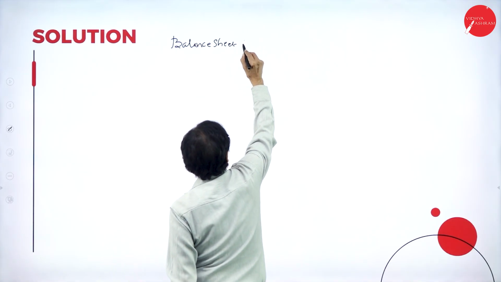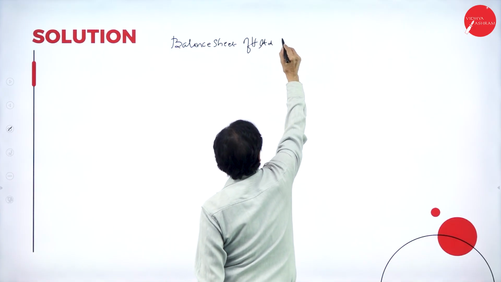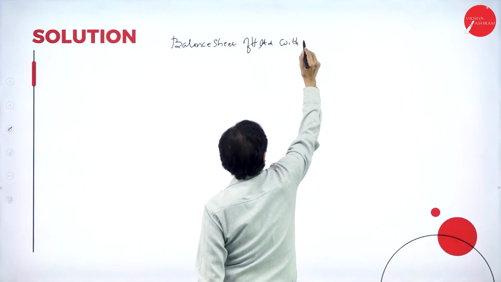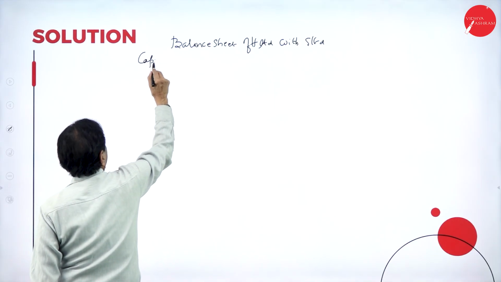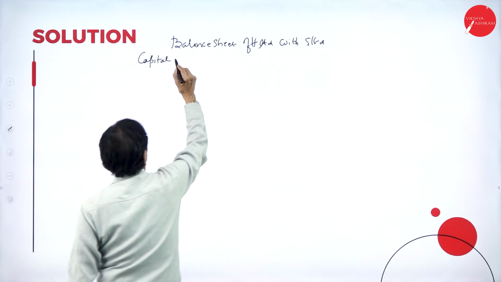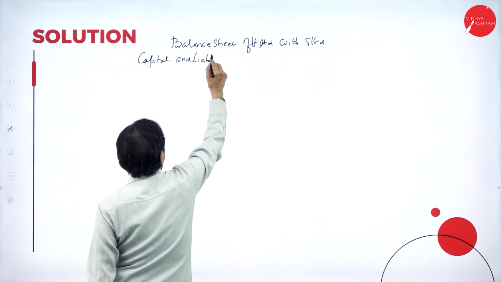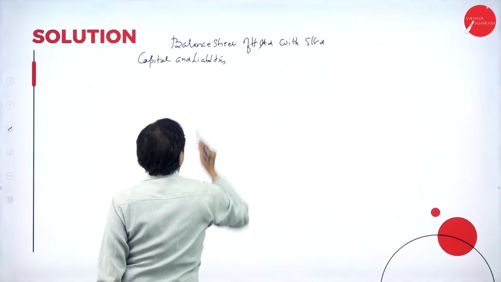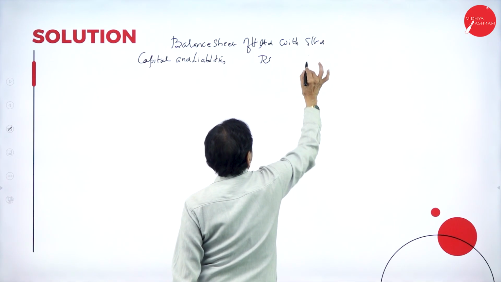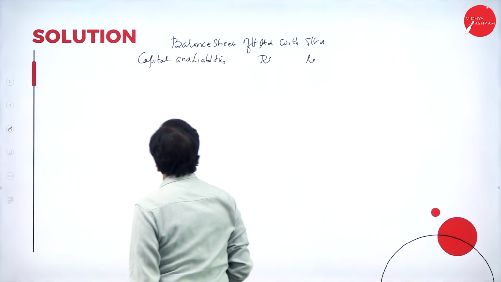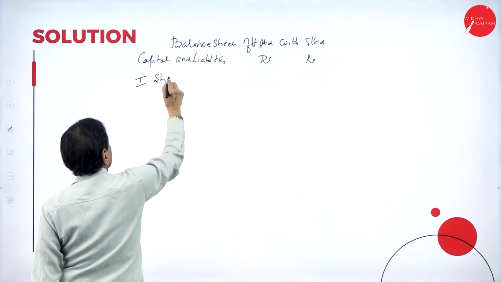Balance sheet of H Limited with S Limited. Capital and liabilities, rupees. Number 1, shareholders' fund.